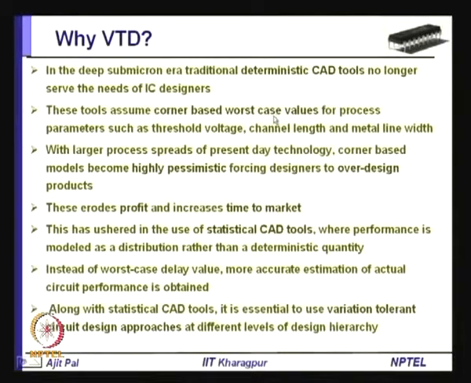That means, they will identify the worst possible delays, worst possible power dissipations, and they will find out the worst case corners for process parameters such as threshold voltage, channel length and metal line, and based on that they will do the design. And with larger process spreads in present day technology, corner based models become highly pessimistic, forcing designers to over design the products.